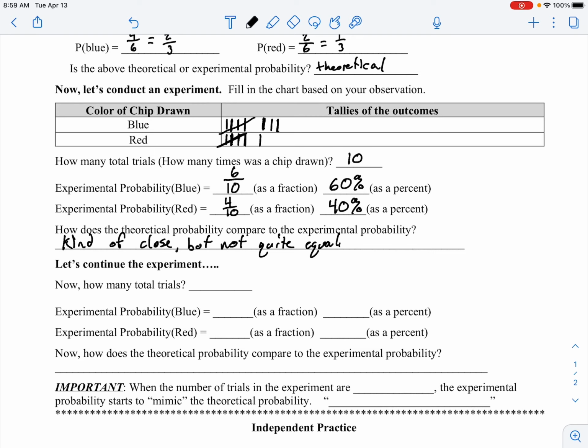And a red chip. A blue chip. And a blue chip. Another blue.